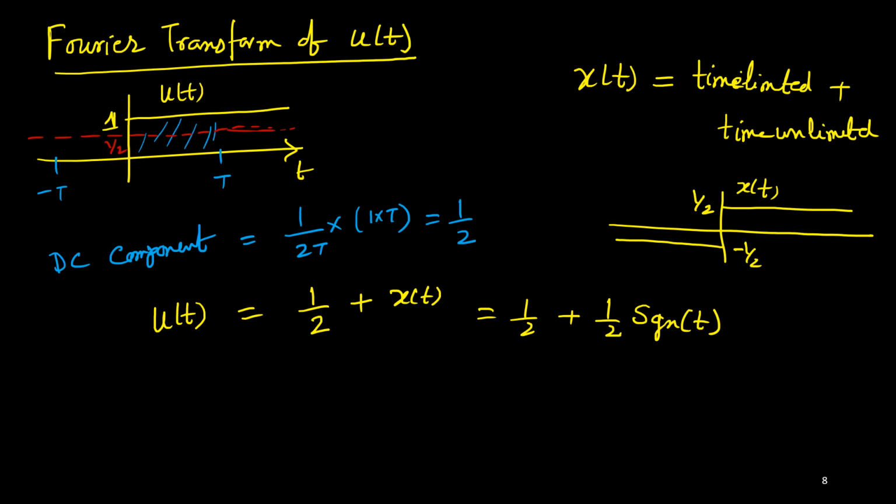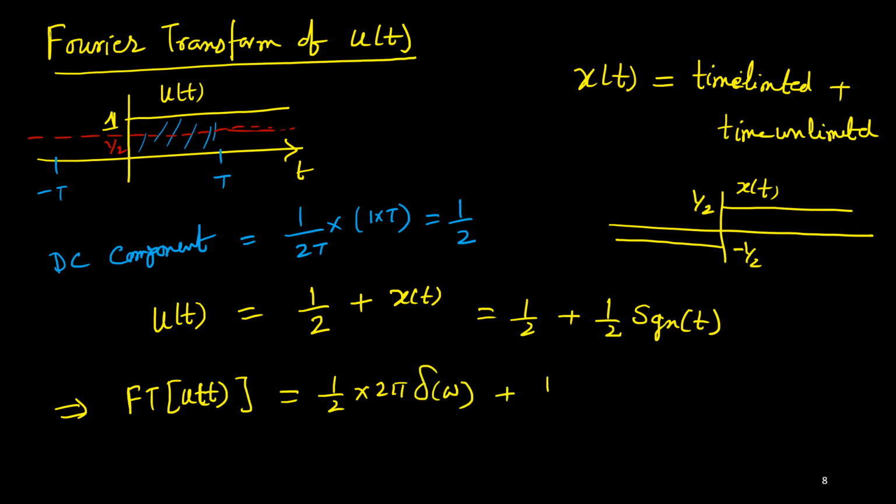right? Now we can take Fourier transform. So therefore the Fourier transform of ut will be, for this one, remember this is a continuous signal, both side time unlimited signal, so it is half, and it is 2 pi times del omega. And for this one it is a half, and signum t we have got 2 upon j omega, right?